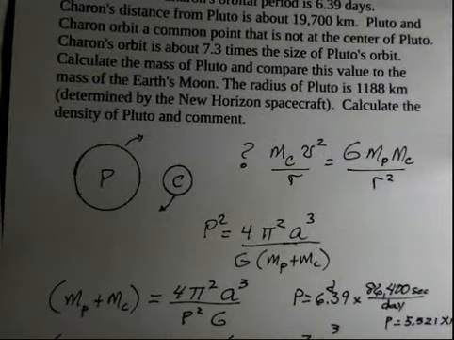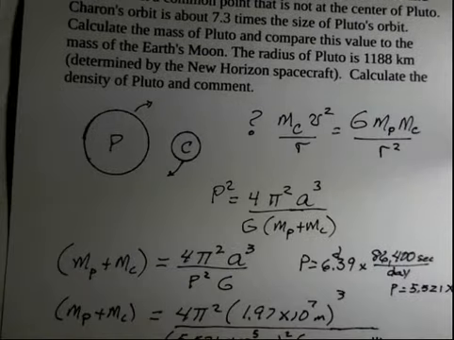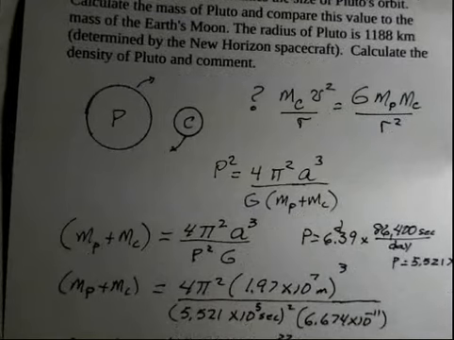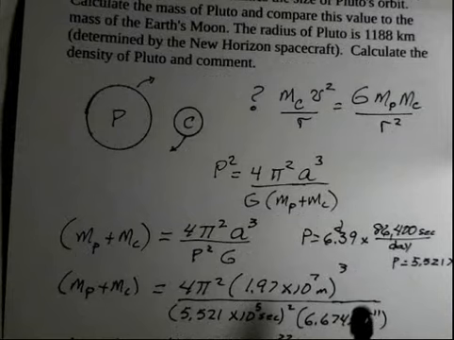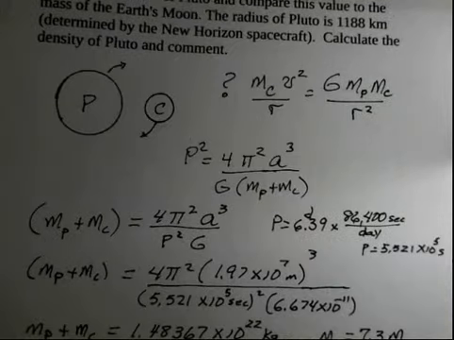So we have 4 pi squared. For a, we're going to put in our knowledge of how far Charon is away from Pluto, center to center, 1.97 times 10 to the 7th meters. That has to be cubed. And then underneath this, I've converted 6.39 days into the time in seconds. 5.521 times 10 to the 5th seconds matches the 6.39 day value.